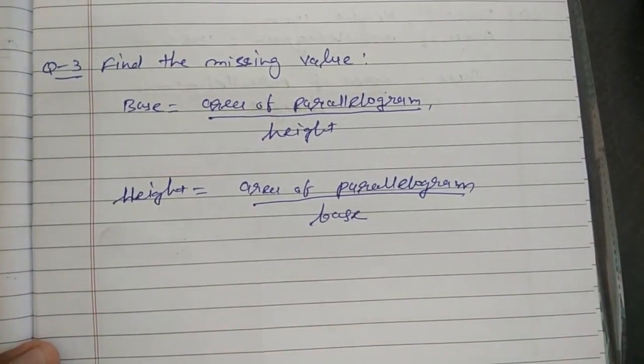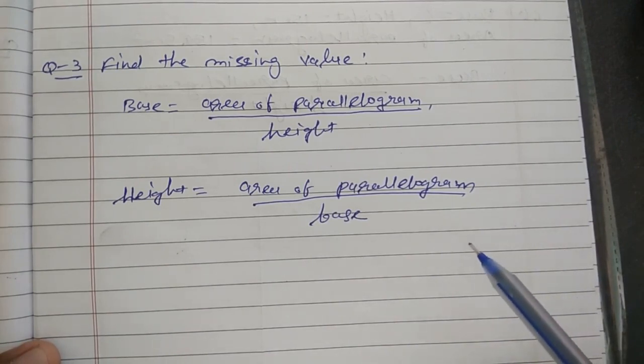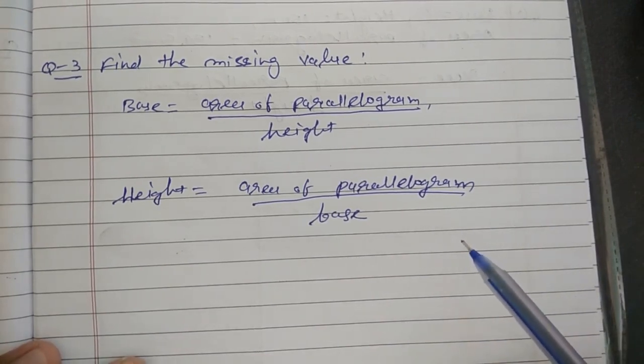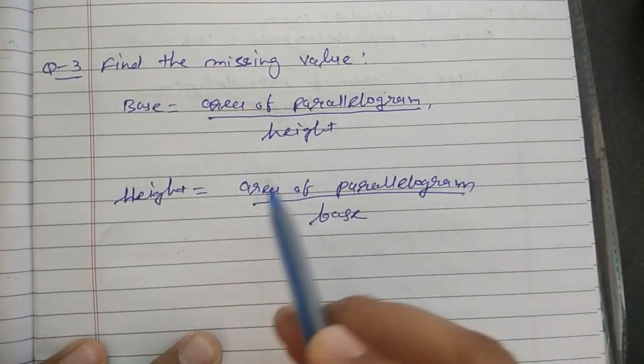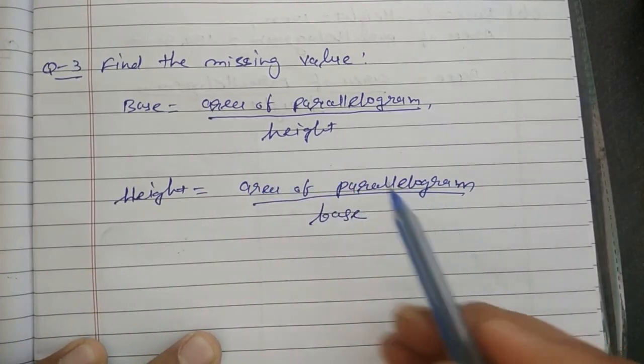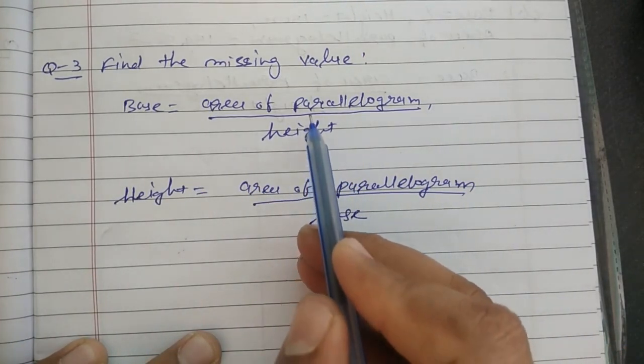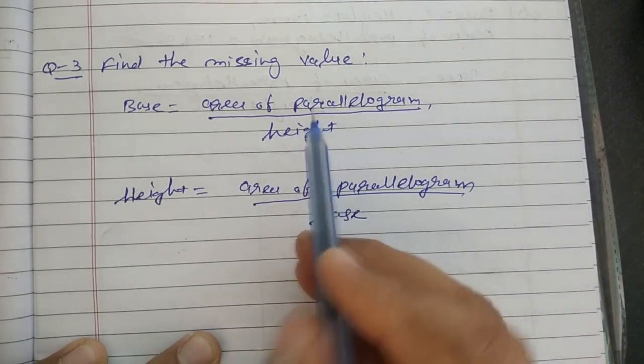Question number 3. Find the missing value. So in this sum, out of these 3, base, height and area of parallelogram, values of 2 are given, and we have to find the value of the other one which is not given. For example, if height and area of parallelogram are given, we have to find the value of base.